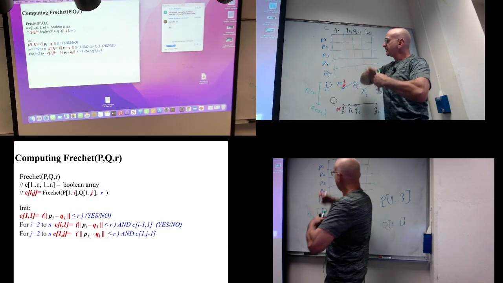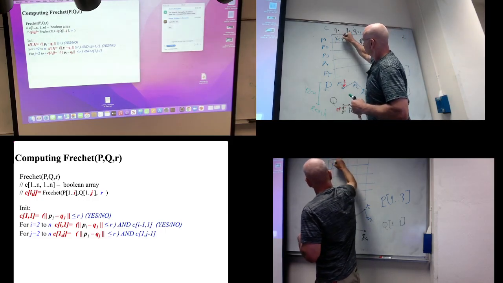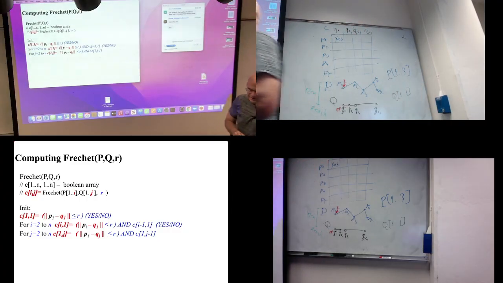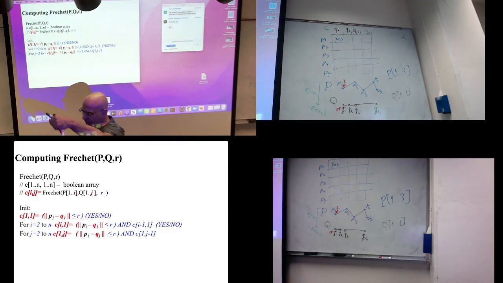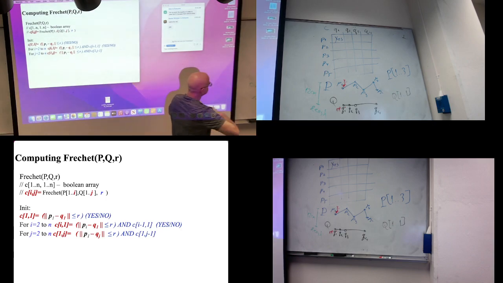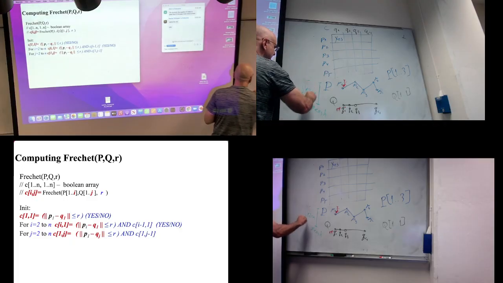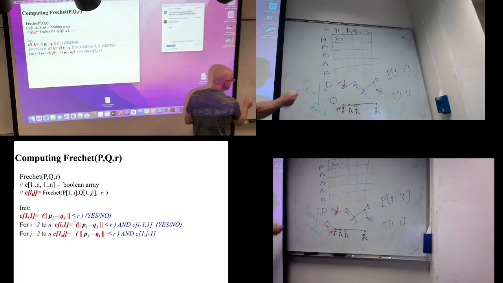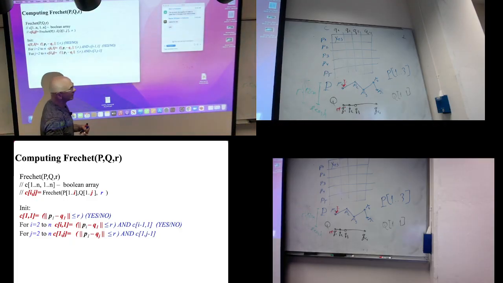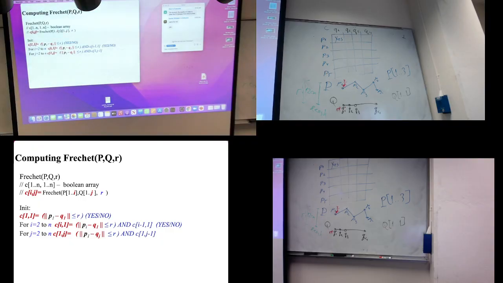Yes. There is yes. They can stand there and the person can hold the dog by the leash. The distance between them is not more than the target length of the leash. R right here, this leash is R, and we are checking this length against R. Yes, on Zoom, make sense?